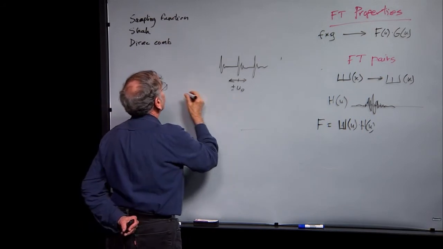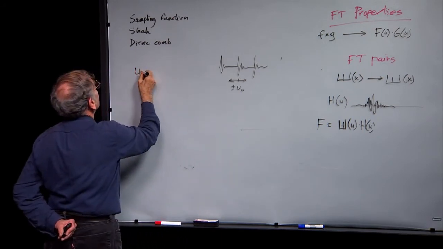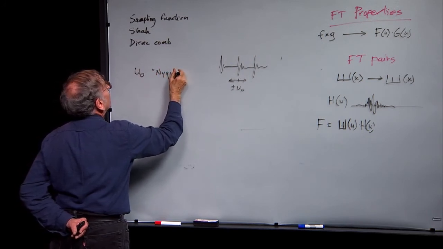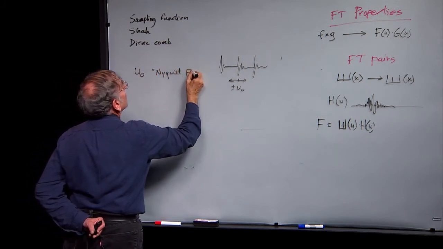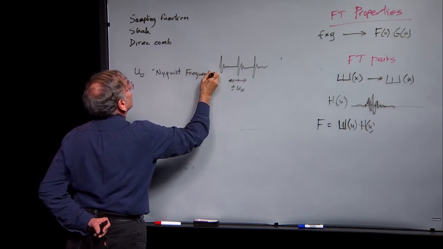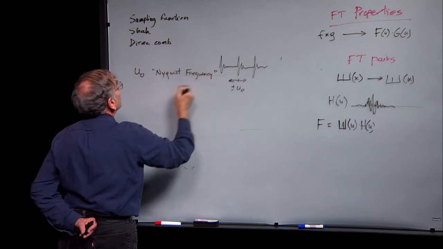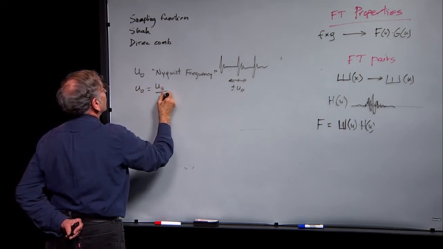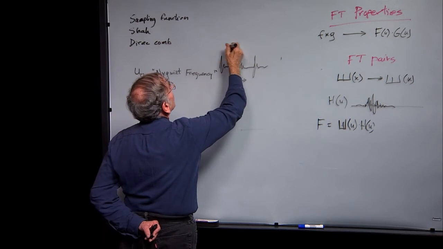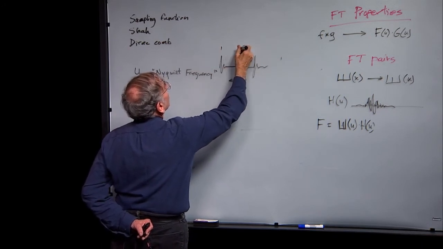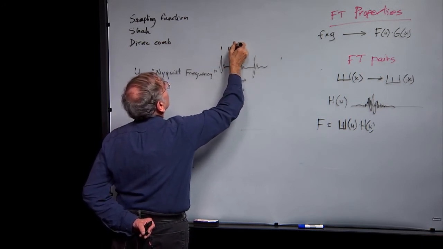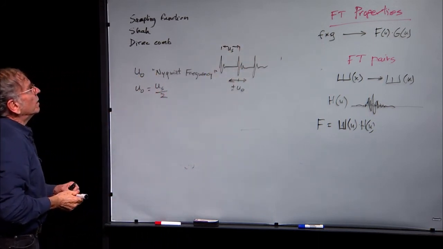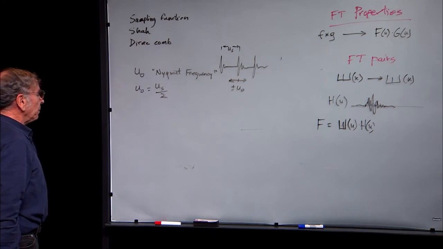And it turns out that this frequency U naught goes by the name the Nyquist frequency. And the Nyquist frequency is just equal to the sampling frequency divided by 2. The sampling frequency, of course, is the periodicity in the Fourier transform.